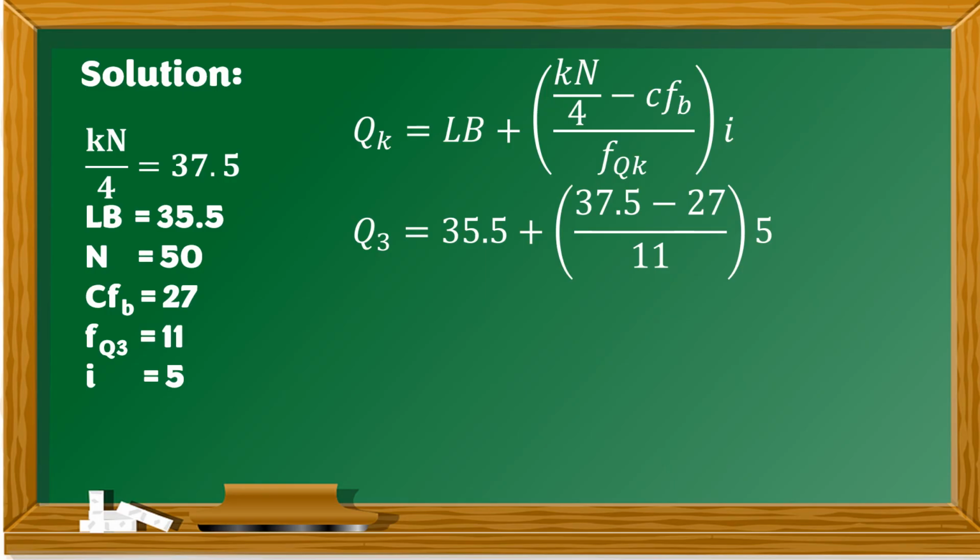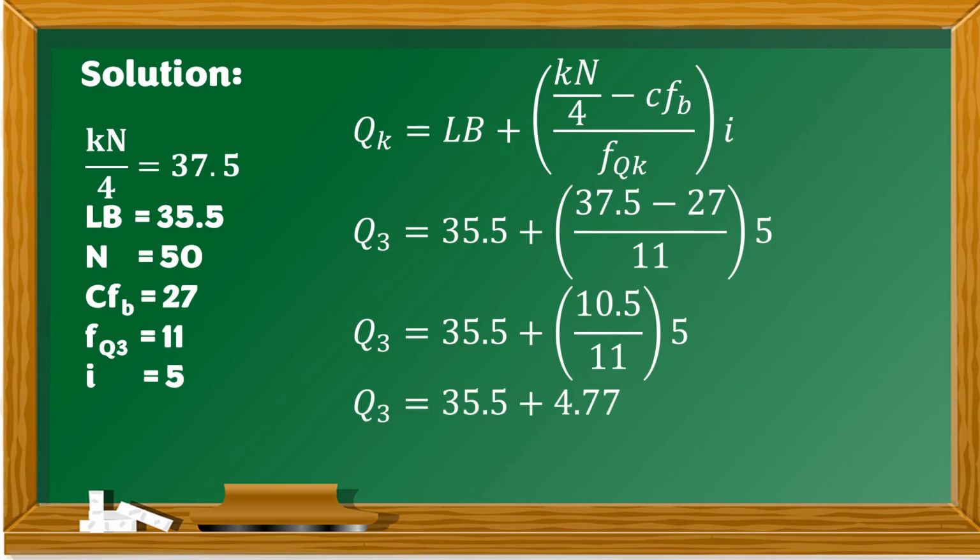Next is we're going to simplify. 37.5 minus 27 is equal to 10.5 over 11 times 5. And then 10.5 divided by 11 times 5 is equal to 4.77. So 35.5 plus 4.77 is equal to 40.27. So the upper quartile, or Q sub 3, is equal to 40.27.